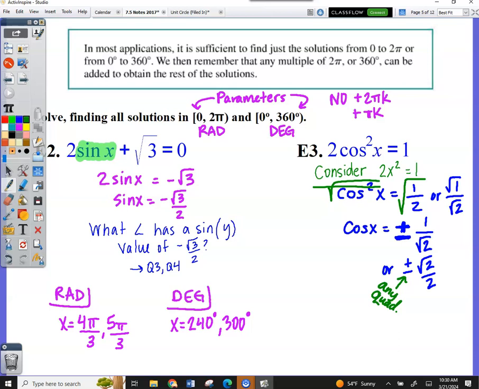Now let's make our list. I'm running out of room, so I'm going to arrange mine like this. You should know kind of off the top of your head, because root 2 over 2 is, in quadrant 1, what angle? Root 2 over 2? The 45.